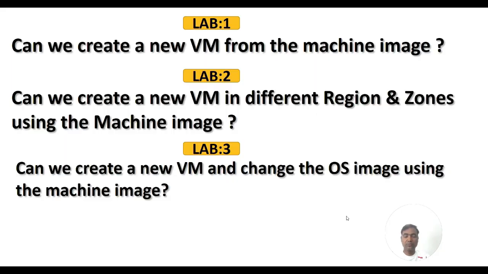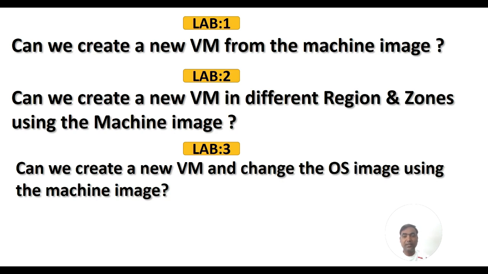Now I hope you understand. Can we create a new VM from the machine image? Yes. Can we create a new VM in different regions and zones using the machine image? Can we create a new VM and change the OS image using the machine image? Both questions' answer is yes, because as you saw in the lab, when I changed the region and zone, automatically an error pop-up appeared.